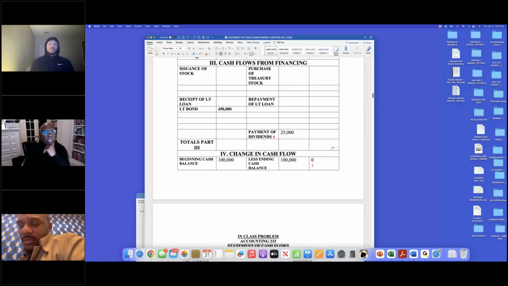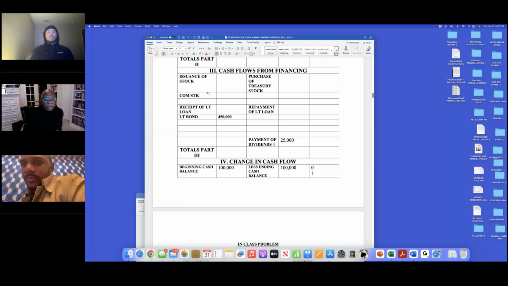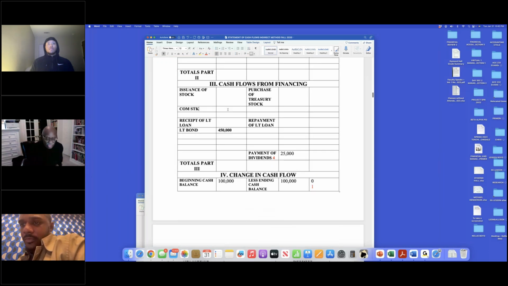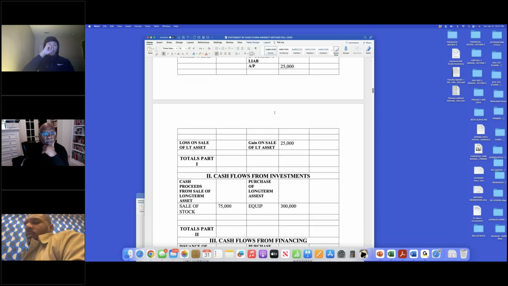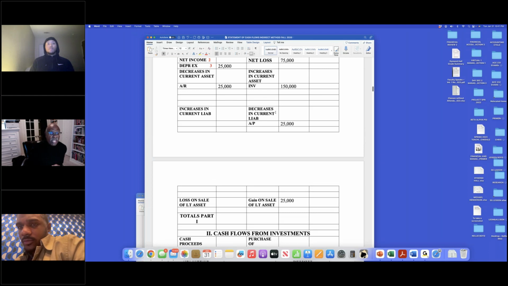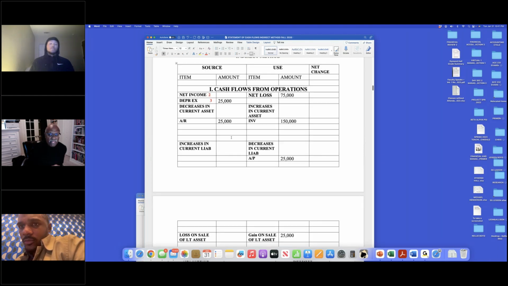Common stock was 50,000. So now we have everything in. Now we have to sum up by area, and then they come to zero. So our sources of cash for the company, with depreciation and accounts receivable, the total sources were 50,000.